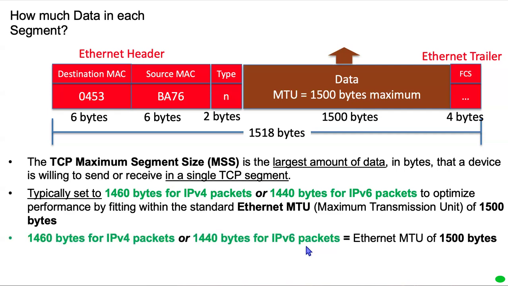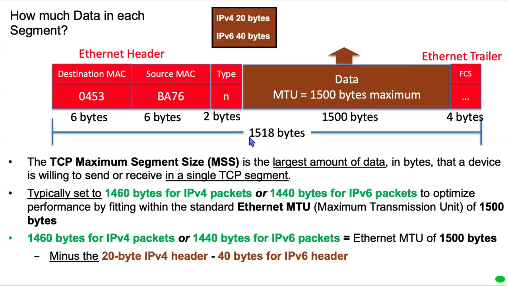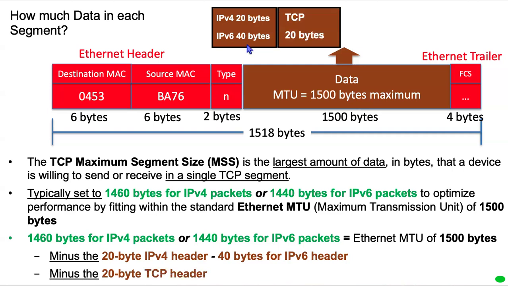So how do we get 1,460 bytes for IPv4 and 1,440 bytes for IPv6 packets? Well, if we look at the IP header, an IPv4 header without any options is 20 bytes. An IPv6 header is fixed always at 40 bytes. The TCP header is 20 bytes.